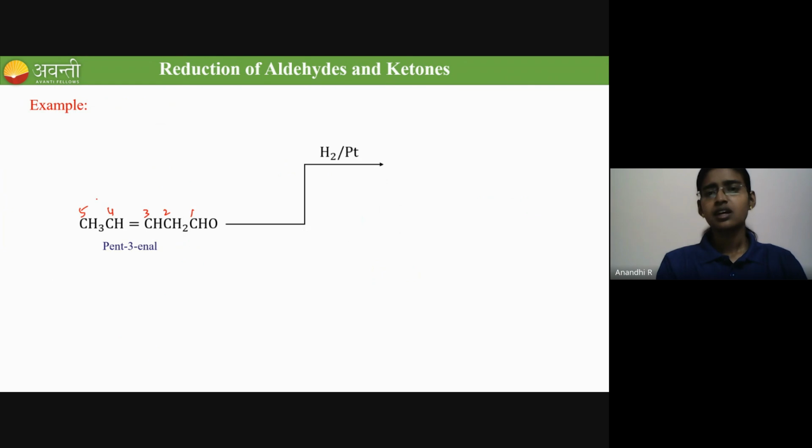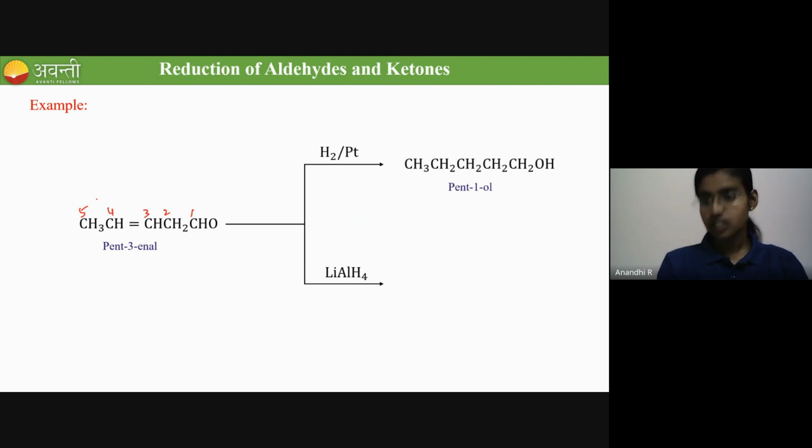And this on treatment with H2 in presence of platinum, and then on treatment with lithium aluminium hydride, forms two different compounds. First with the H2, it forms pentan-1-ol. You see, it is pentan-1-ol. That is, this hydrogen and platinum is reducing both the aldehyde part as well as the alkene part. Got it?